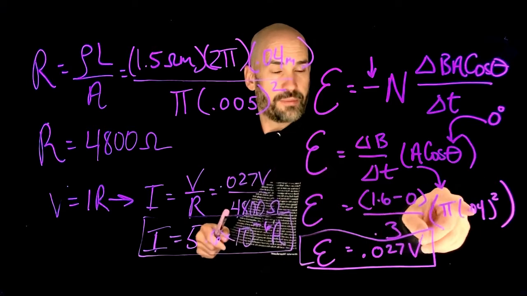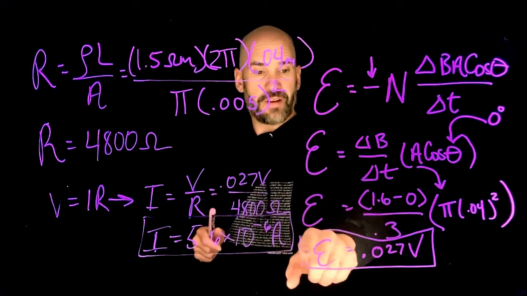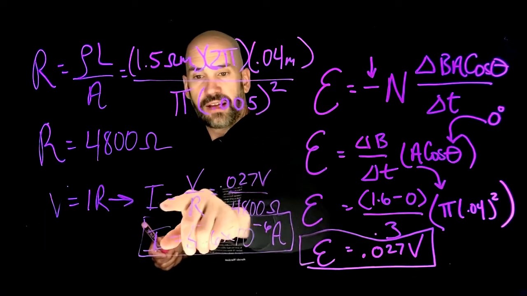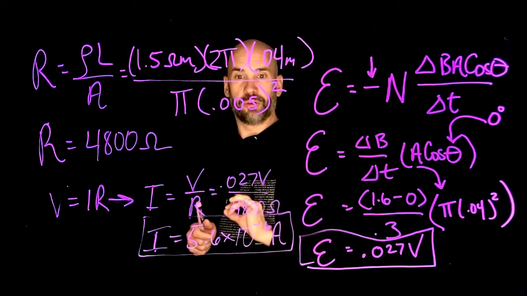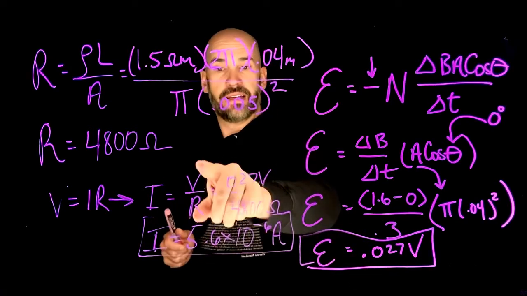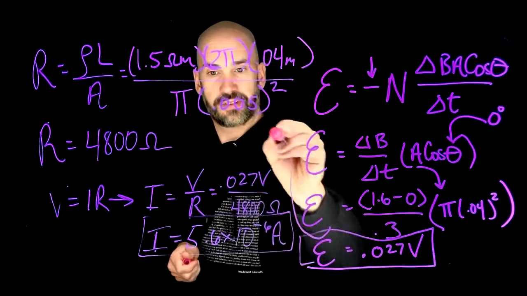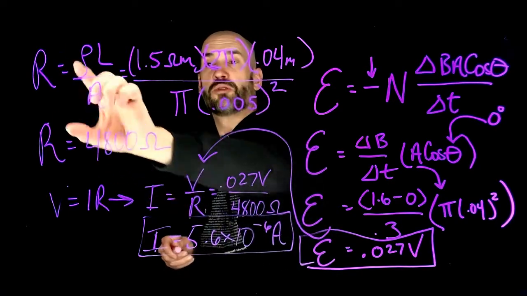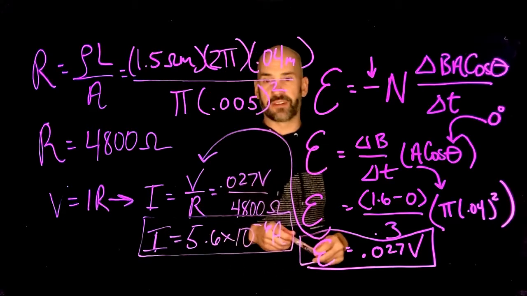It's pi r squared, where r is 0.04 meters or 4 centimeters. We found the voltage, and we used Ohm's law, V equals IR, to find the current through that loop given that voltage. And that current is the induced EMF divided by the resistance, which we calculated using our old, dependable, famous resistance formula.